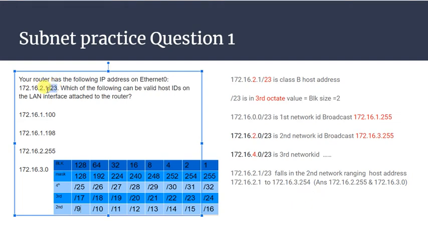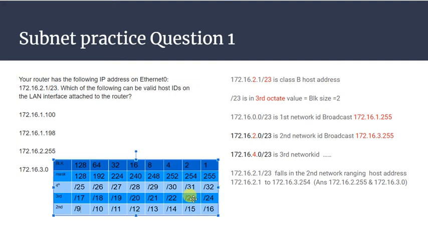So when you see the /23 subnet mask, we should know what the possible network IDs are. /23 is in the third octet, and the block size is 2.